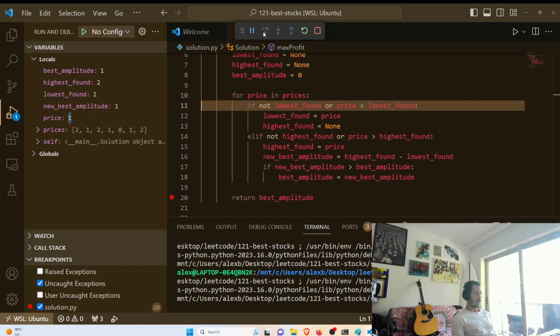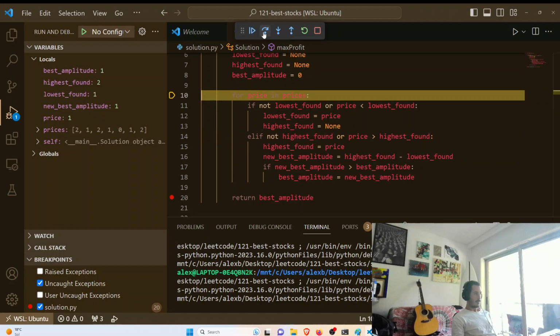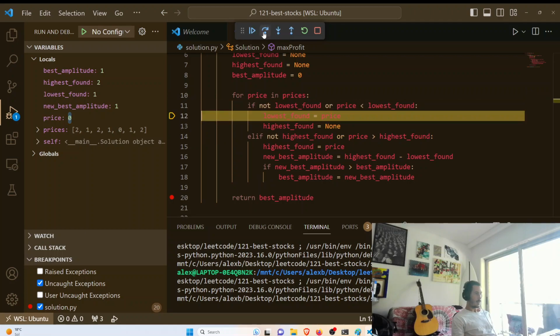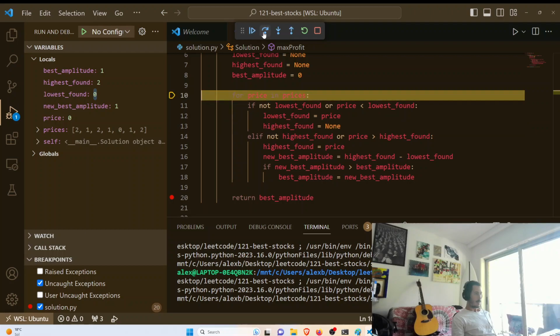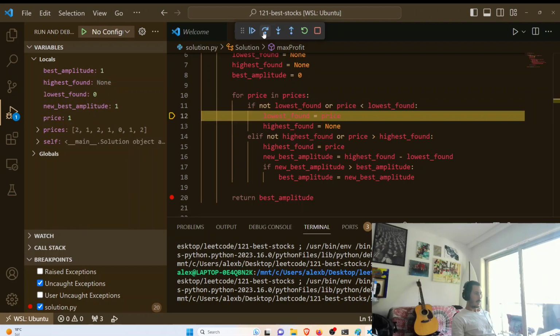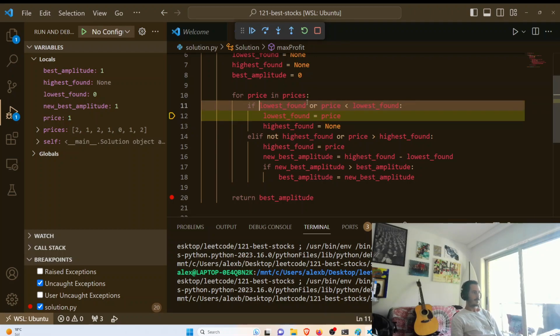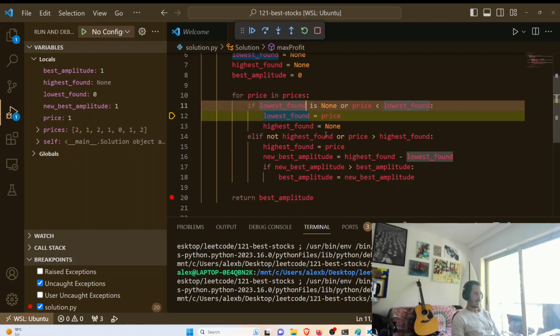Now price is 1. Nothing for price. And now price is 0. So the lowest found and the highest price found are None. So price now is 1. Not lowest found. Oh, yeah, I knew there was something with the Boolean values.